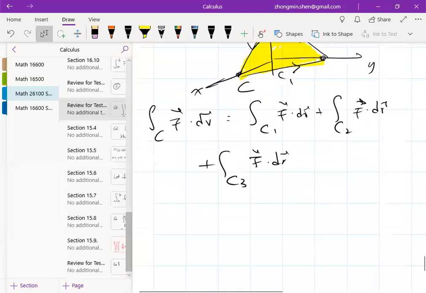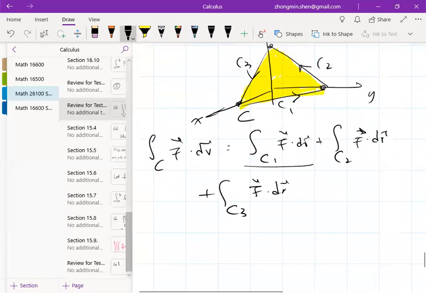Let's finish the first one. I'm going to show you how to do the first one. You have to parameterize it, right? So how do you parameterize it? Let's start from (1, 0, 0) plus t times the difference of those two vectors, which is (-1, 1, 0).